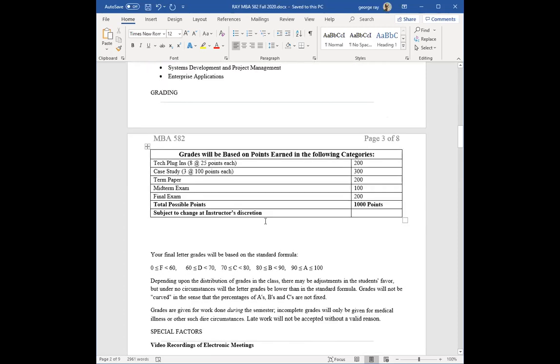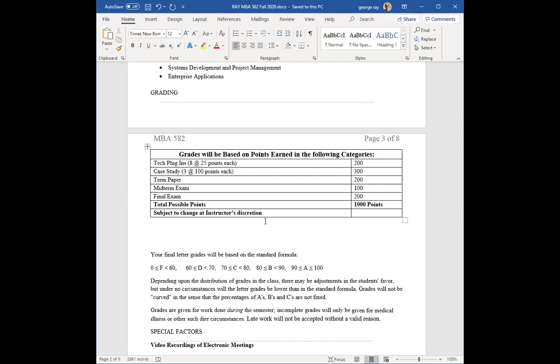Your grades in this course will be determined by these categories you see. Technology plugins are going to be assignments that deal with a specific topic. And we'll have 8 of those, and each one will be worth 25 points. Likewise, we'll have a case study category.